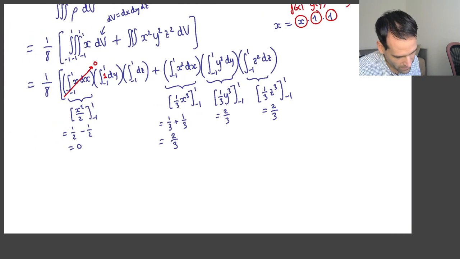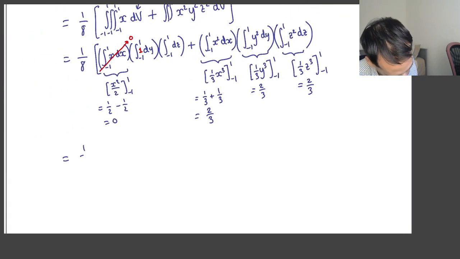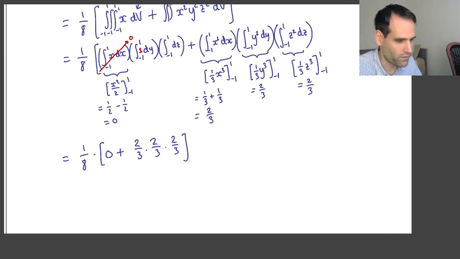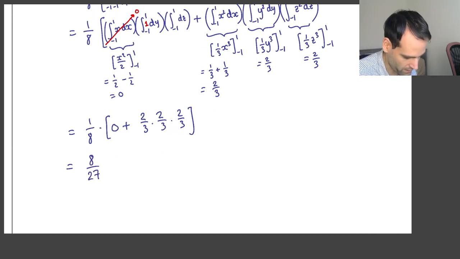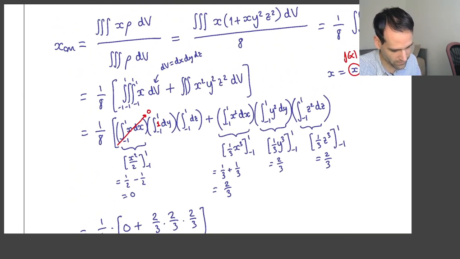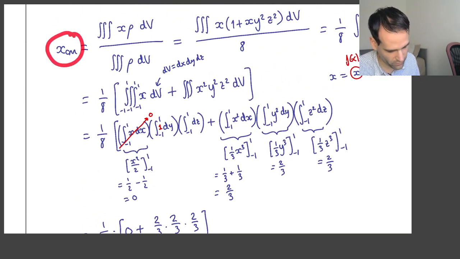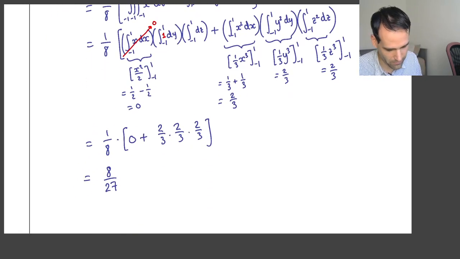Therefore the final answer is 1/8 times 0 plus 2/3 times 2/3 times 2/3, which, if we do this calculation, is 8/27. And that is the final answer for the center of mass in the x direction. So this is the x coordinate of the center of mass.